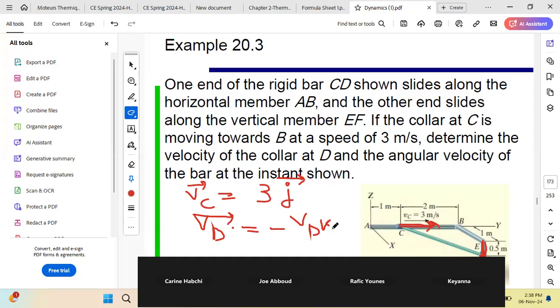Okay, and since you have general plane motion here and it's a 3D problem, you can say that vector omega is equal to omega x in I plus omega y in j plus omega z in k.